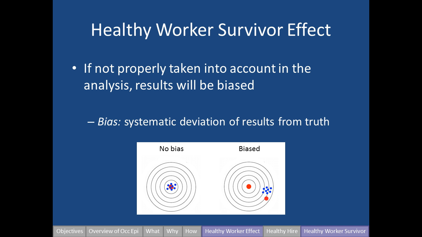This is an accuracy issue. We're actually being pushed off to the side. The methods to control for the healthy worker effect are a bit complex, so I think at this point it's just best to be aware of this potential source of bias when you're reading or even conducting occupational epidemiology studies. And this is true for both the healthy worker survivor effect and the healthy hire effect.